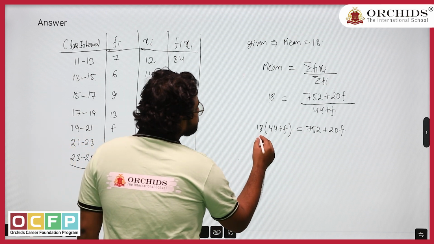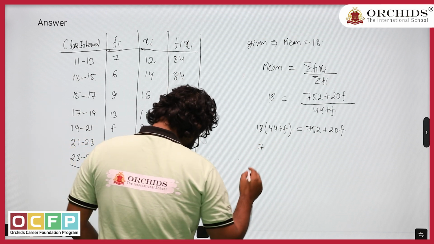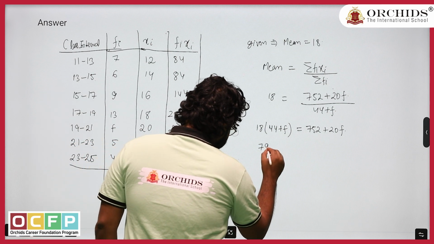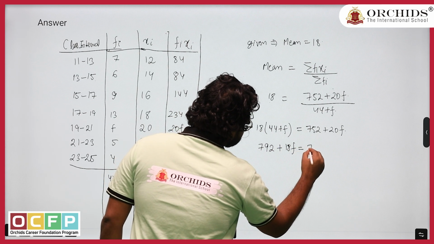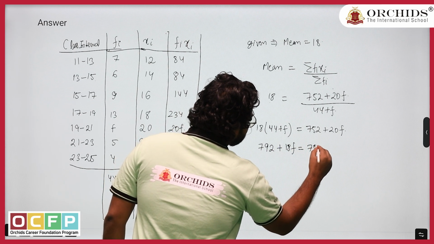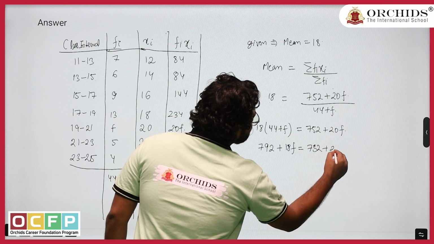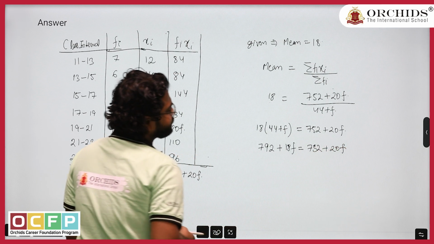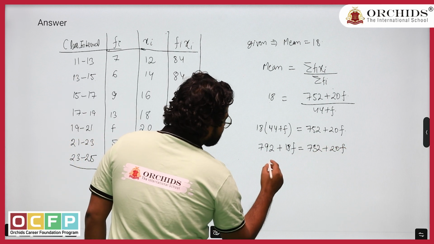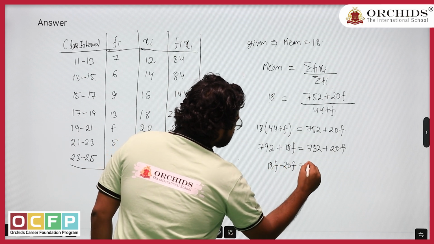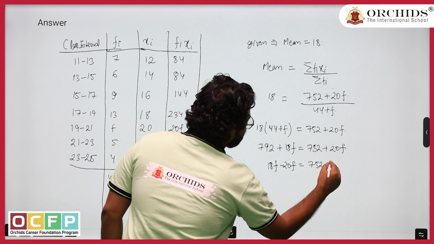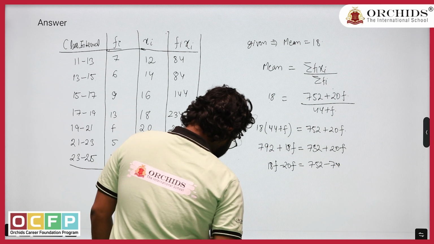After multiplication, this will become 792 plus 18f is equal to 752 plus 20f. Send this value over, 18f minus 20f is equal to 752 minus 792.